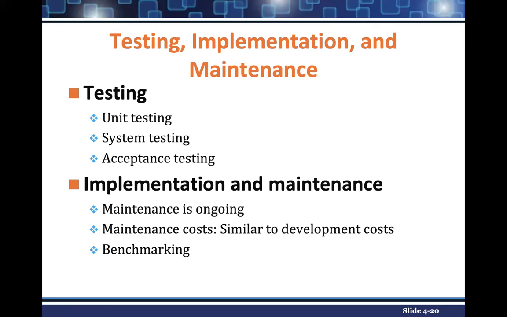Acceptance testing means that when the users would like to use your system, is it okay for them? Is the output what they expect or not? If it is what they expect, will they accept the operation of the system or not? We call it UAT, or user acceptance testing, or acceptance testing, the same thing.